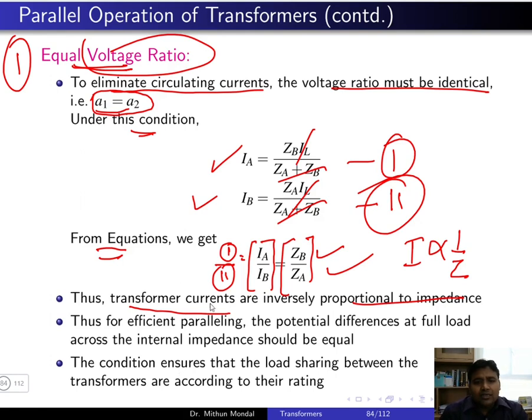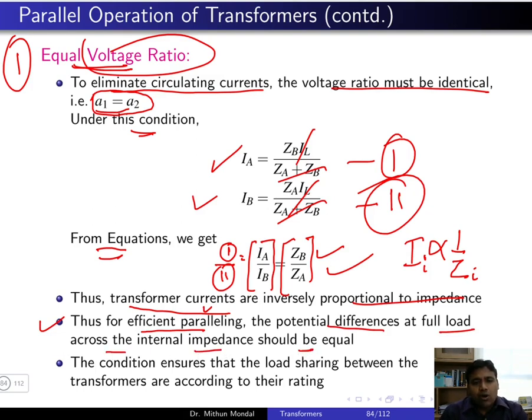So here the transformer current I is inversely proportional to the impedance of that particular transformer. Thus, for efficient paralleling, the potential difference at full load across the internal impedance should be equal.